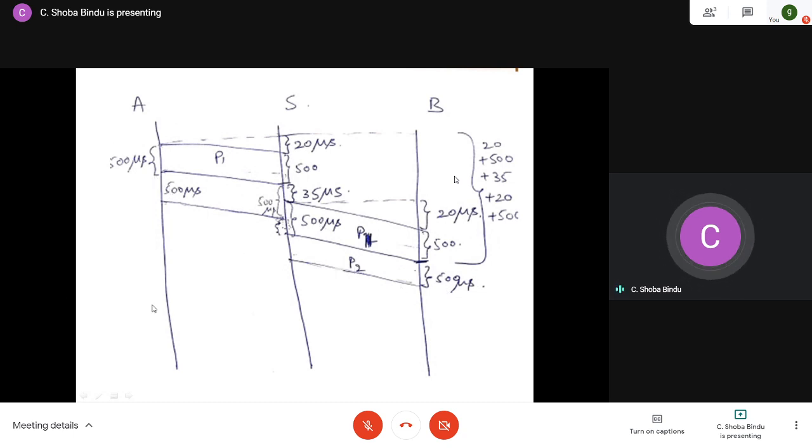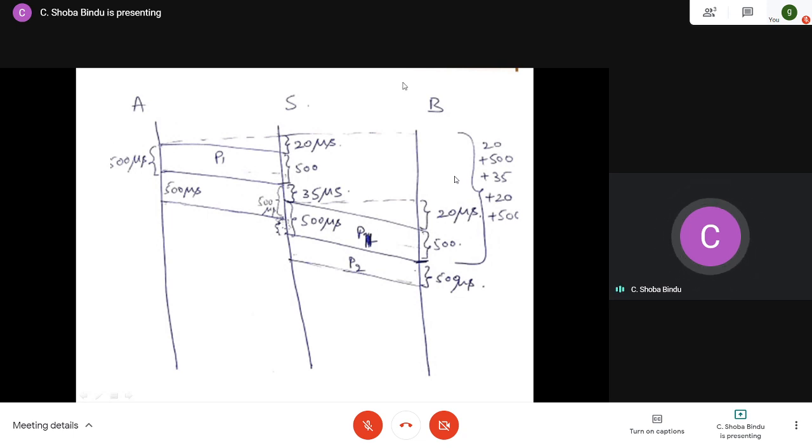So if you have the third packet, for example, then after 1000 microseconds, the third packet starts transmitting here. So to reach the destination, it will be encountering 1000 microseconds delay. And hence for the nth packet, it takes n into tt.